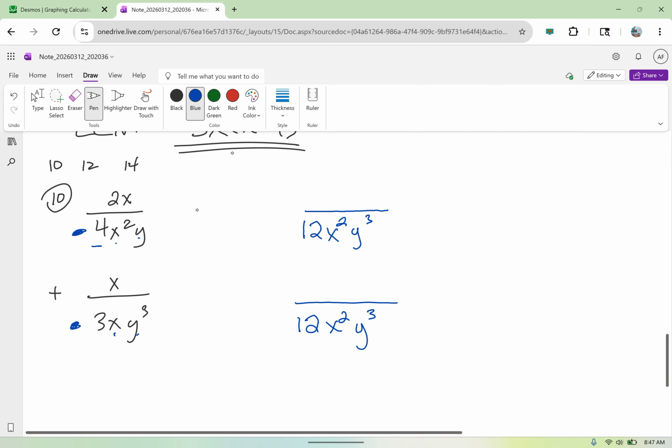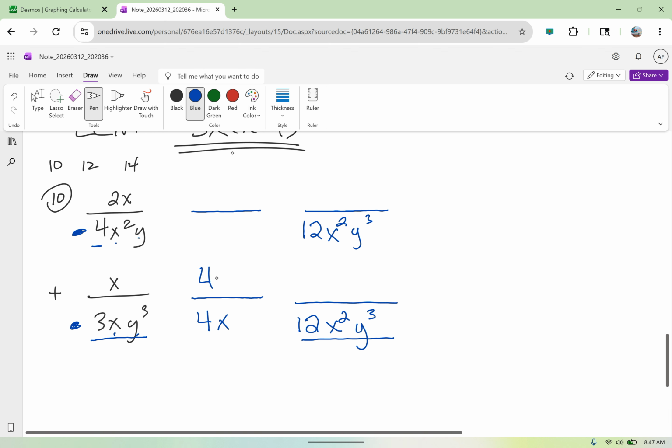Now, whatever I do to the bottom, I must do to the top. That's my general fraction rule for adding and subtracting fractions. So how do I get from 3xy³ to 12x²y³? So this is going to be times 4 times x, and the y is already good.